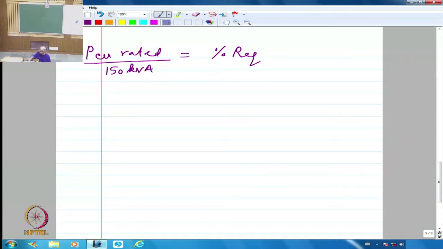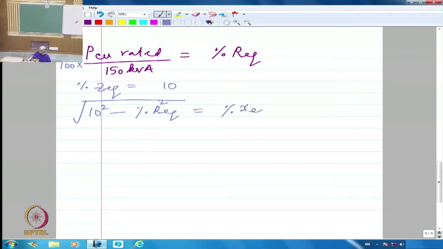And what is given is percentage Z equivalent is 10. So once I get this, I should say square root of 10 square minus percentage R equivalent square. Of course, if I want everything in percentage, I have to multiply by 100. So this will give me what is percentage X equivalent.